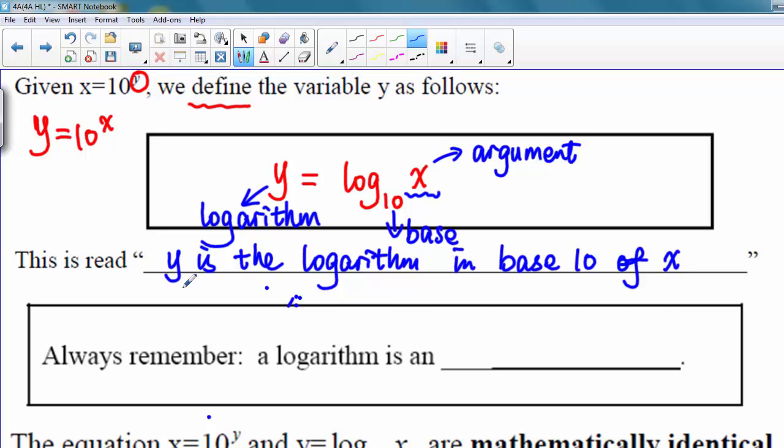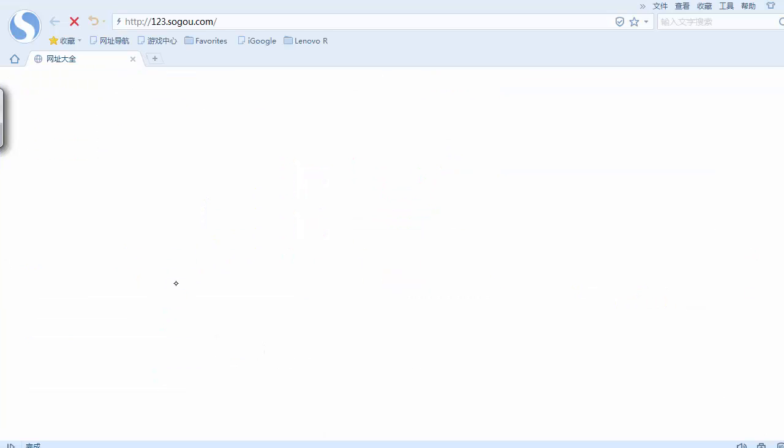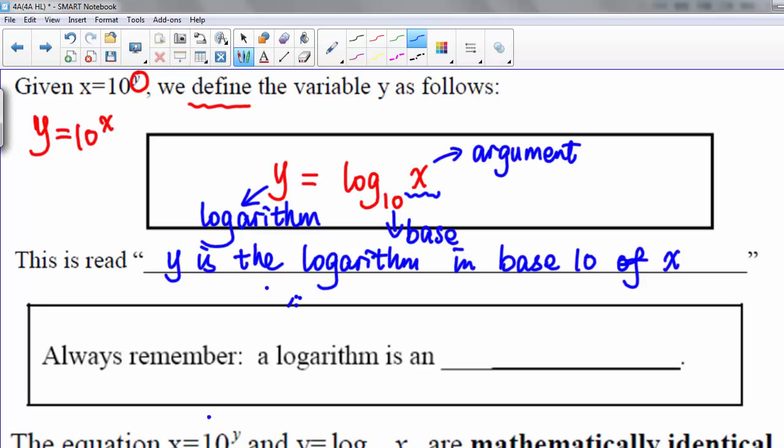Some teachers may call it y is the logarithm of x to the base 10. For me, later on, I prefer to call it log x base 10, which is way shorter than this expression.